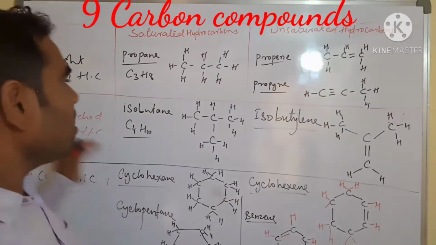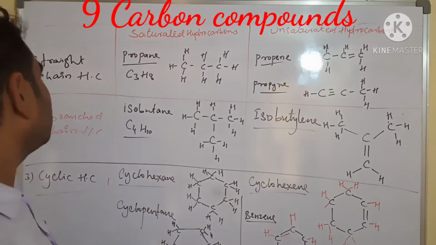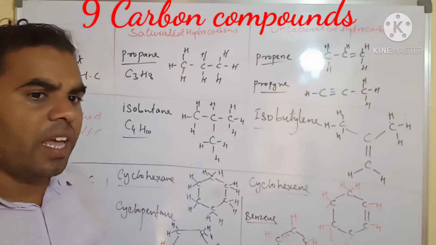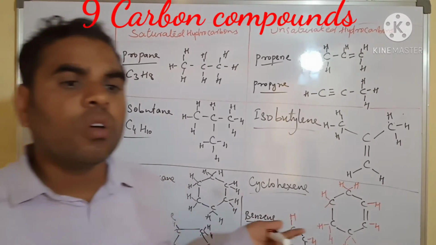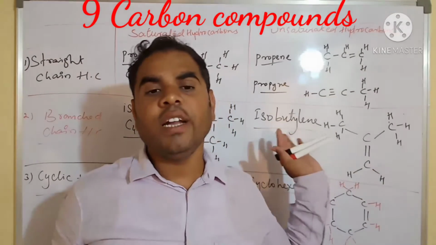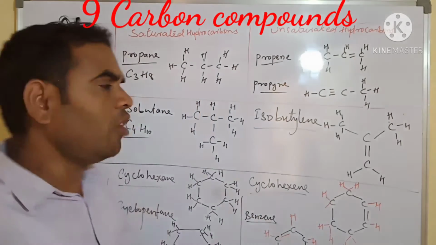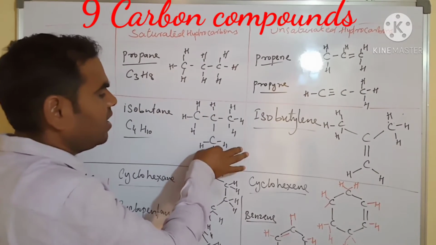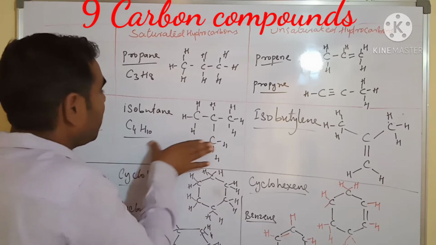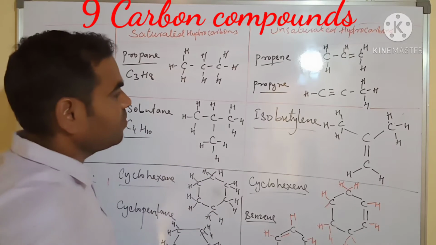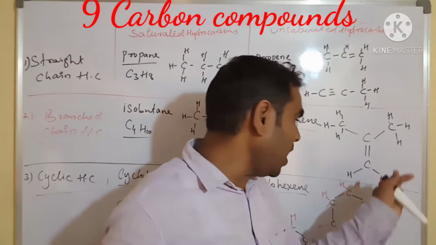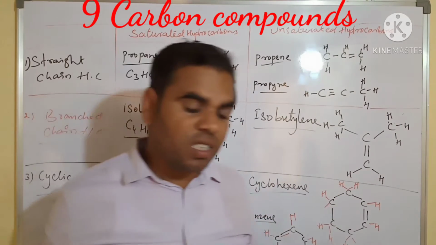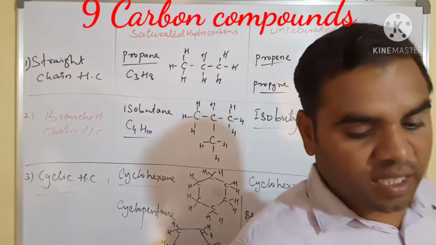In your examination they also ask this, like writing isobutane: write 3 carbons in a straight line and 1 carbon branched. We call it isobutane. Isobutylene, cyclohexene, benzene, you have to practice these structures.